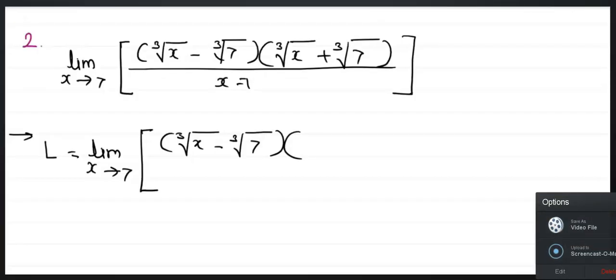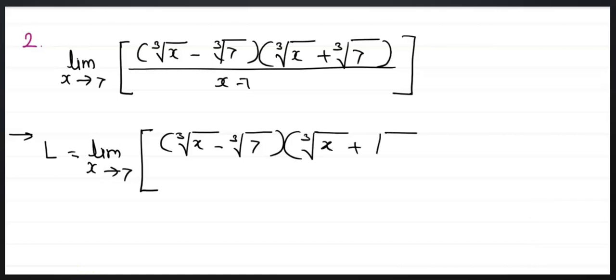Limit x tends to 7, in bracket cubic root of x minus cubic root of 7, in second bracket cubic root of x plus cubic root of 7, bracket complete, upon x minus 7. Now we'll solve this example. Now you see this here, a minus b into a plus b. Then you will get a square minus b square, and then we will solve this example.